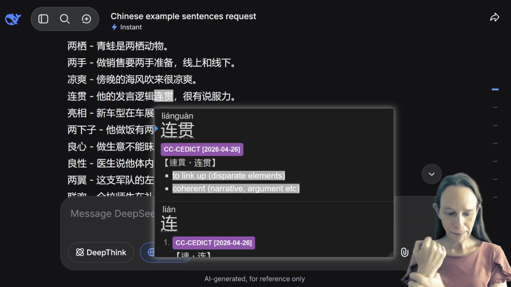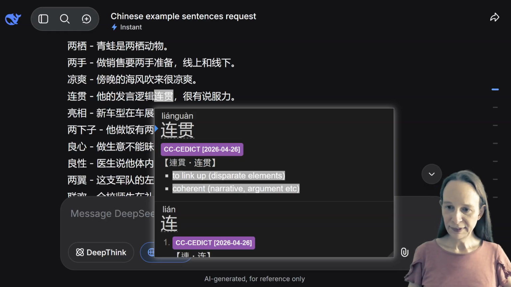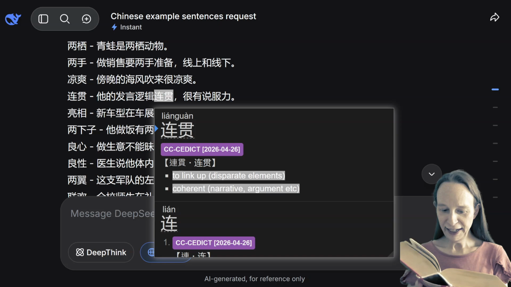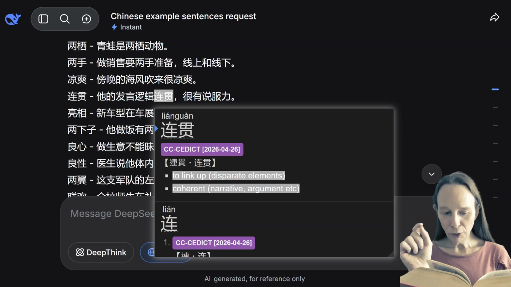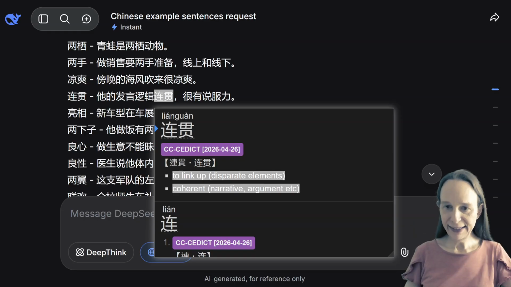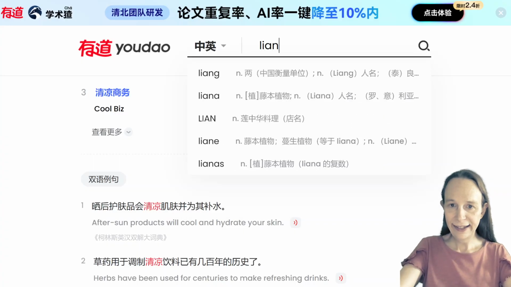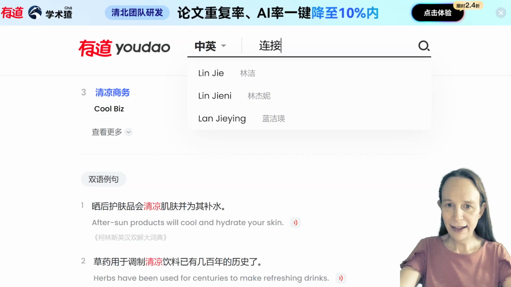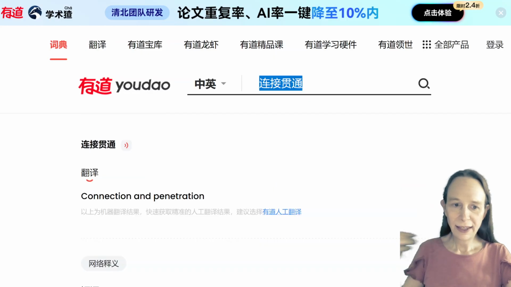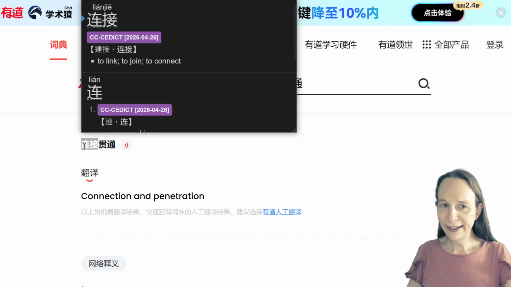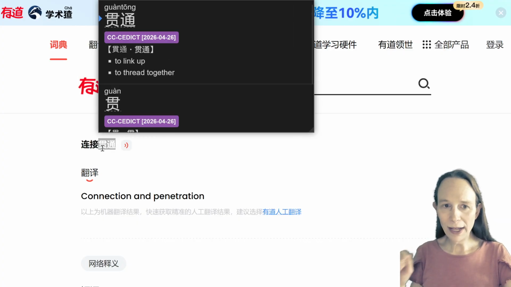All right, I might look it up. Definition is 连接, so that's connected. 贯通, 连接贯通. I'll type it in here. 连接贯通. So 连接 connected and 贯通 threaded together.